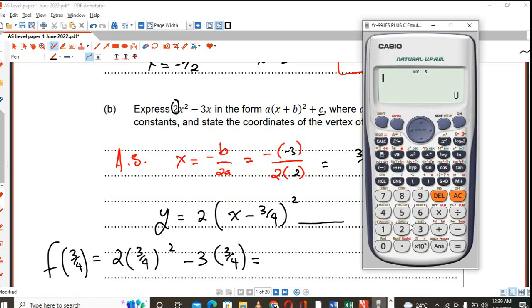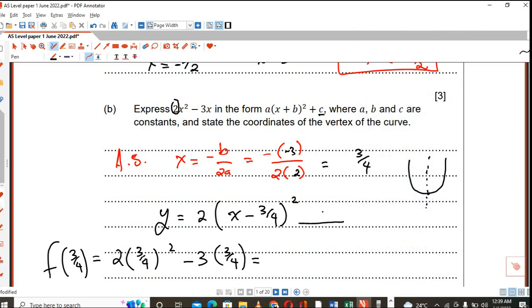That is going to be 2 times 3 over 4 all squared, minus 3 times 3 over 4. That gives us the y value, which is minus 9 over 8. So this value here will be minus 9 over 8, and this is how that is written in vertex form.